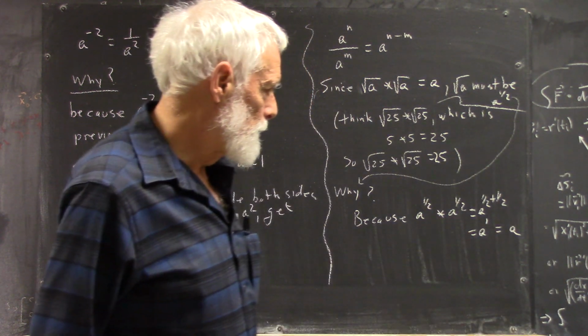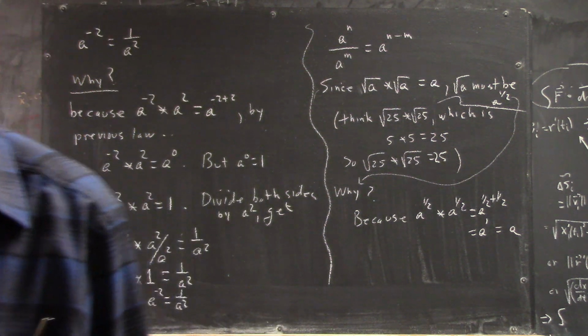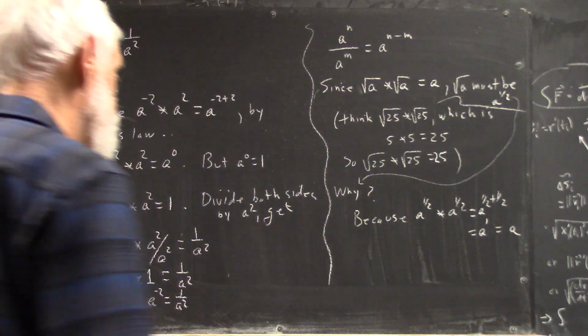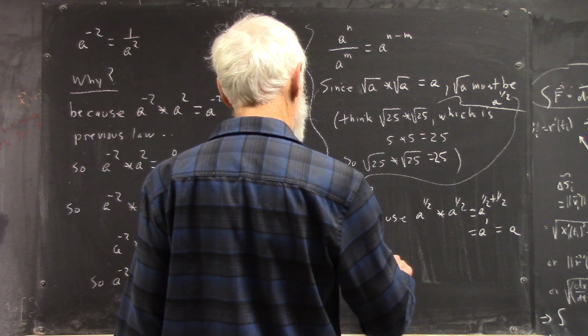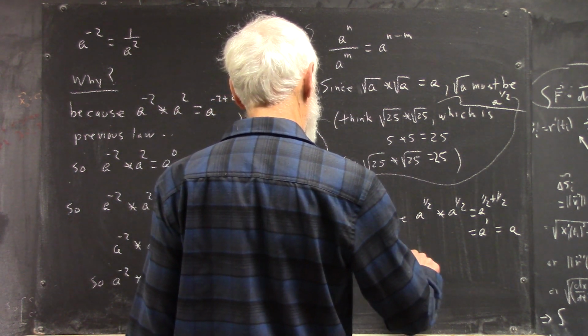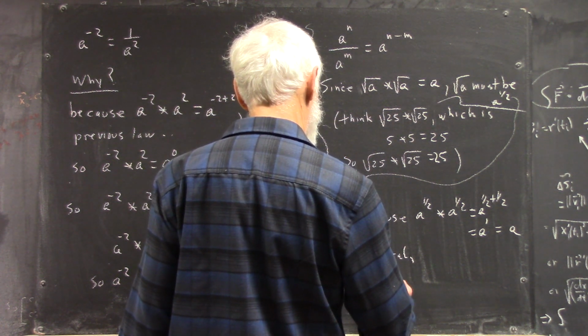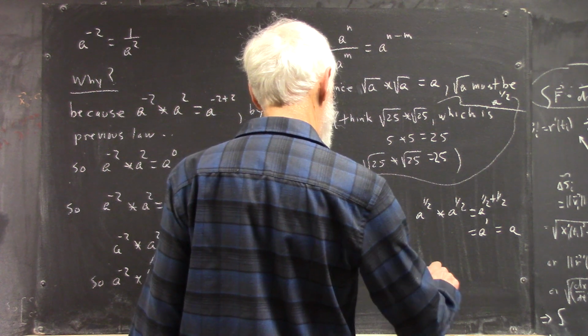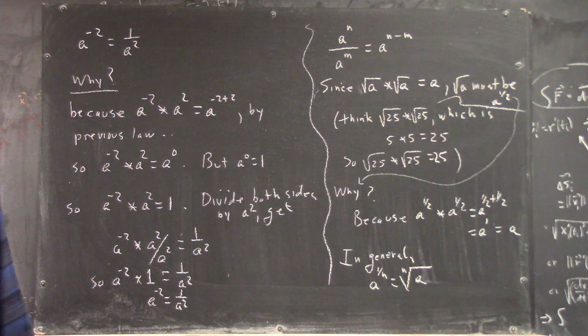A to the 1/2 times a to the 1/2 is a to the 1, and that's a. Now, in general, a to the 1 over n is the nth root of a.